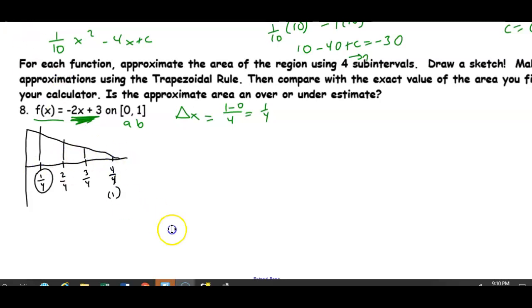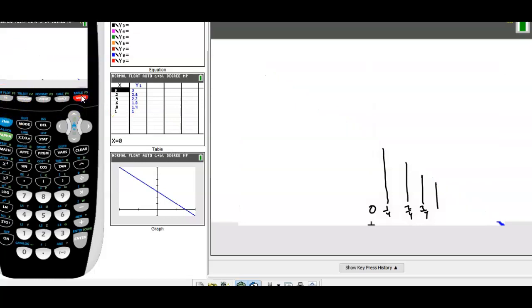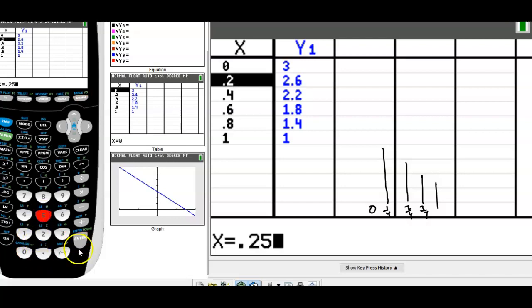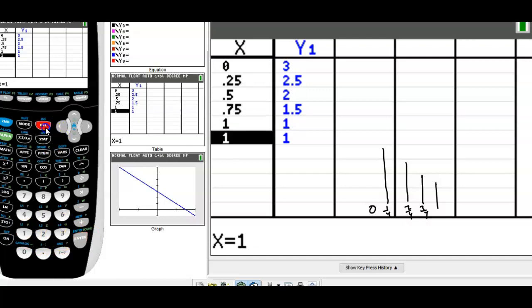So what I'm gonna do is go back to my calculator and go second graph for the table, and I got 0, 1/4, which is 0.25, or you can do 1/4, and then 1/2, and then 3/4, and then 1. So there we go right there. So 3, 2.5, 2, 1.5, 1.